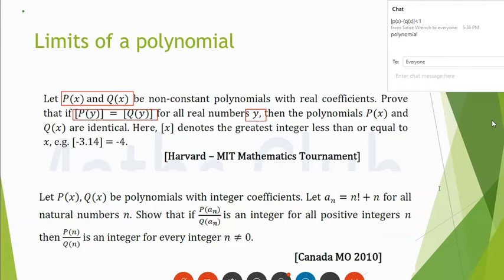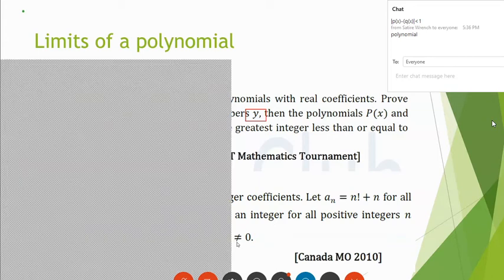I won't exactly tell you how to prove that the constant is 0. Is the screen getting blocked or something? Yes, there is a gray box. Every time I check the time, it blocks this. Wait for some time until it is gone.